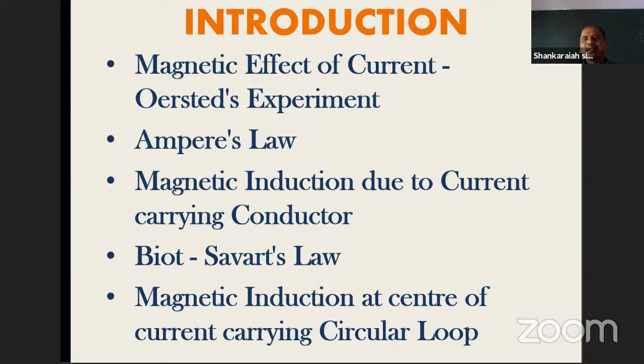According to the statement, integration B dot dl is equal to mu naught into I. Here B dot dl, according to the dot product definition, is B dl cos theta, where theta is the angle between B and dl.